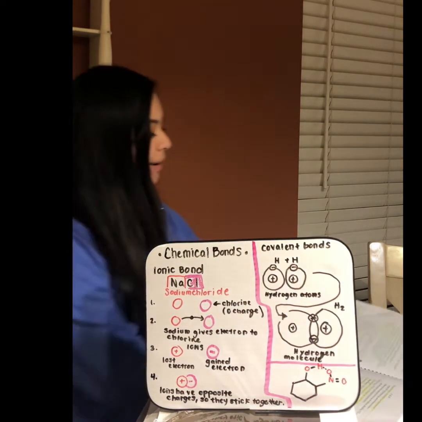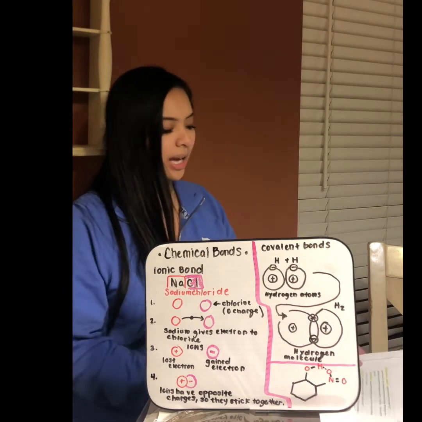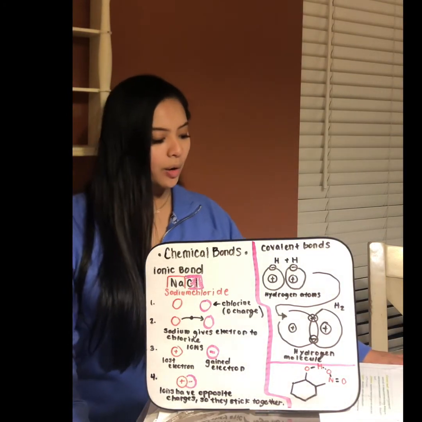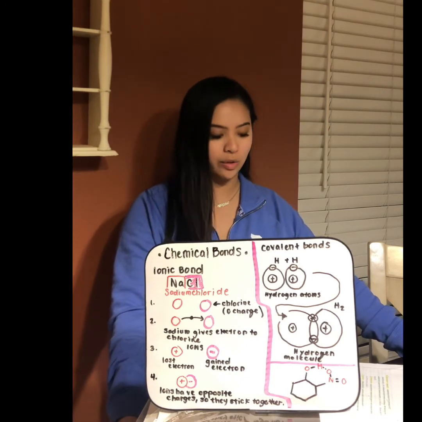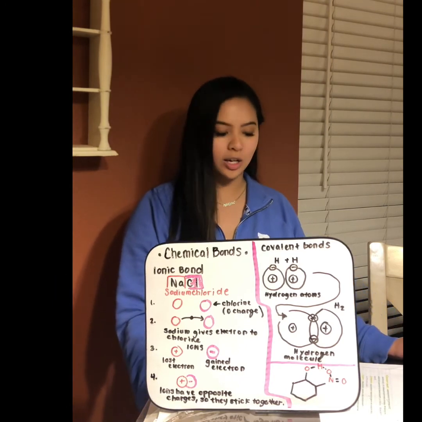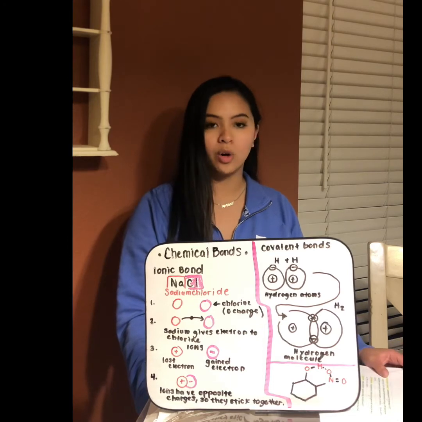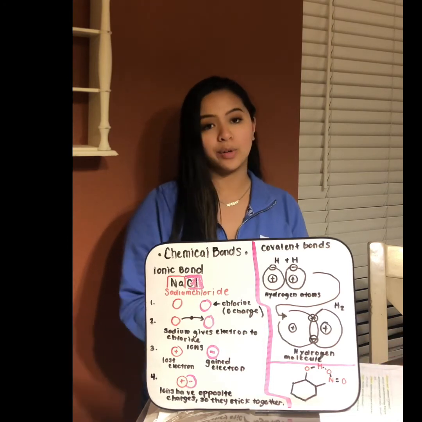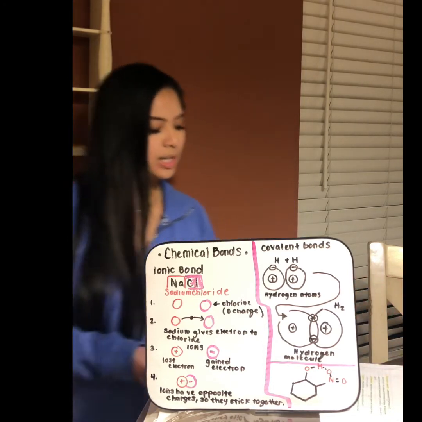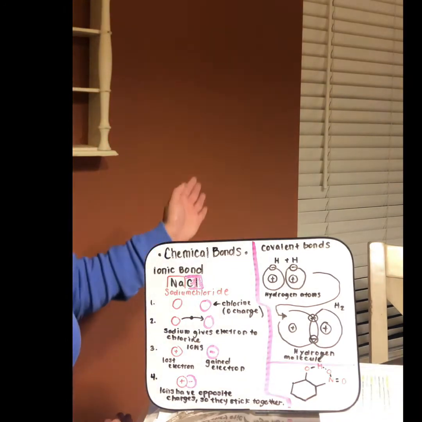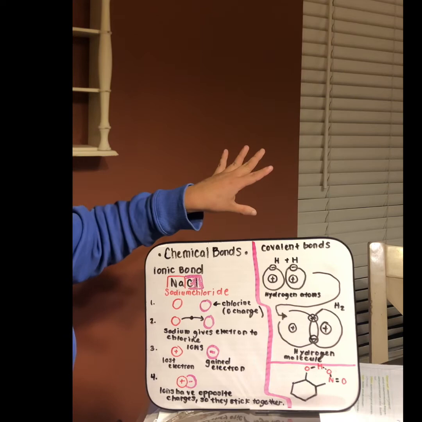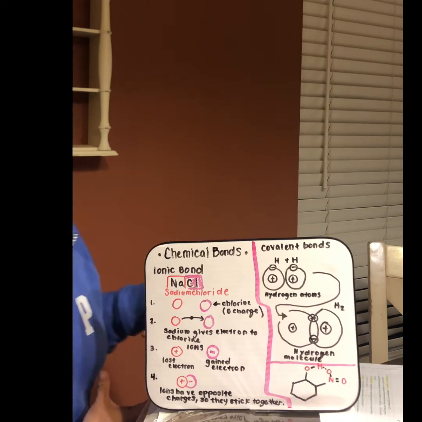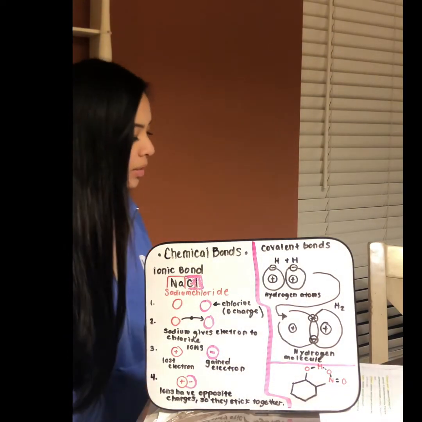Next, we have a covalent bond. A covalent bond is electron sharing that produces molecules. The shared electrons occupy a single orbital common to both atoms and create a covalent bond. In this one here, we have an example of 2 separate hydrogen atoms, and then they join together to form a hydrogen molecule.